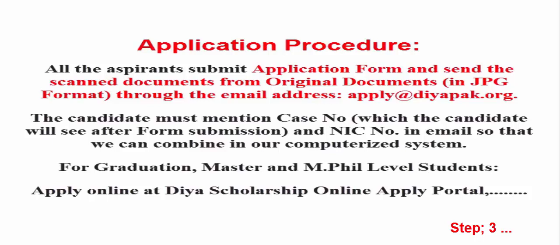We will apply through the online system, and after that I will show you the case number, NIC number and the email, so that we can combine them in our computerized system. For graduation, master and M.Phil level students, apply online through the scholarship online apply portal. Wait for a while, I need to explain.